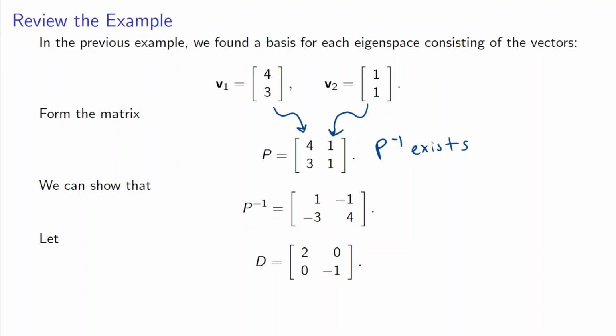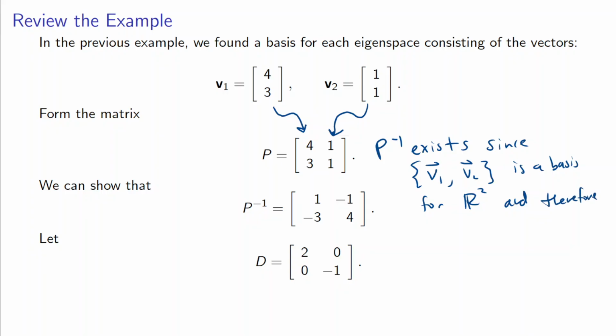P inverse exists since we know v1, v2 is a basis for R2, and therefore this matrix consisting of v1, v2 as the columns is invertible.